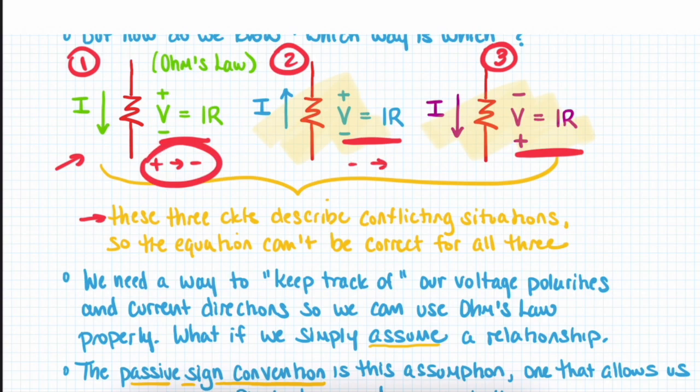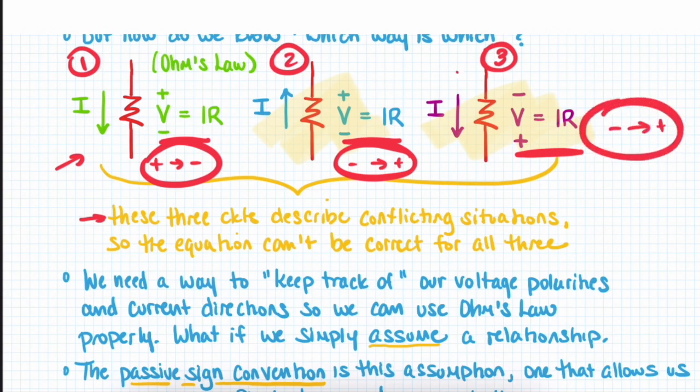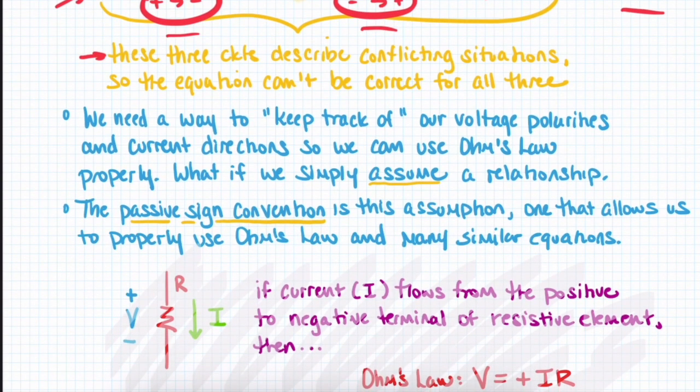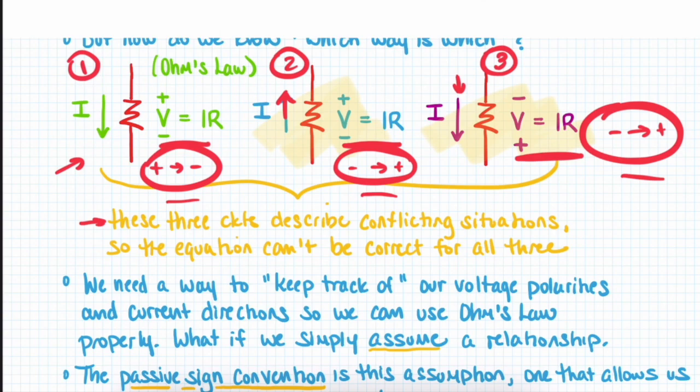Here it's flowing from the negative to the positive terminal, and here it's also flowing from the negative to the positive terminal. Even though the current here is flowing down and the current here is flowing up, it's this relative direction that is the most important. So again, all 3 of those equations cannot be correct because they describe conflicting situations.